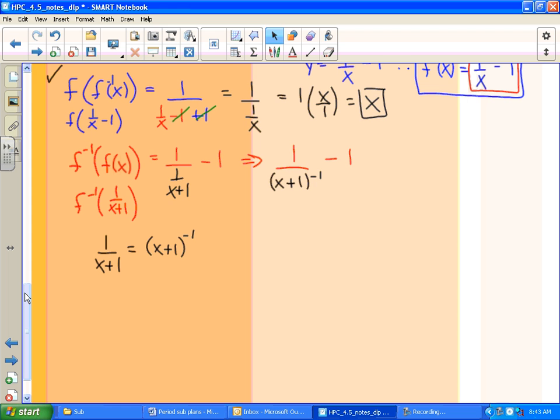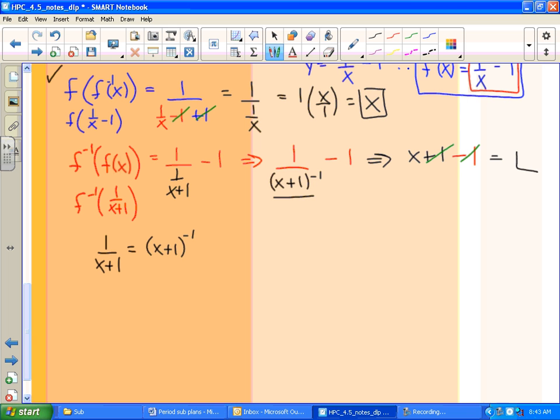So I can now write this as x plus 1 on the top, because I'm just taking this negative exponent and moving it up to the numerator. And then there's still the minus 1 there. And look at that. Amazing. We end up with x again.